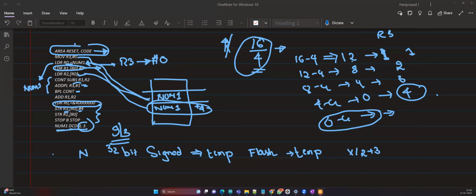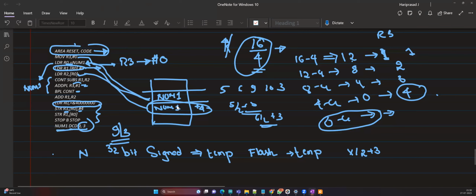Correct. So any numbers are there, for example these n 32-bit numbers. If I have 5, 6, 9, 10, 3, these 5 numbers are stored. Each number I have to apply this formula, like 5 by 2 plus 3, 6 by 2 plus 3. Like this you have to apply for each temperature value.